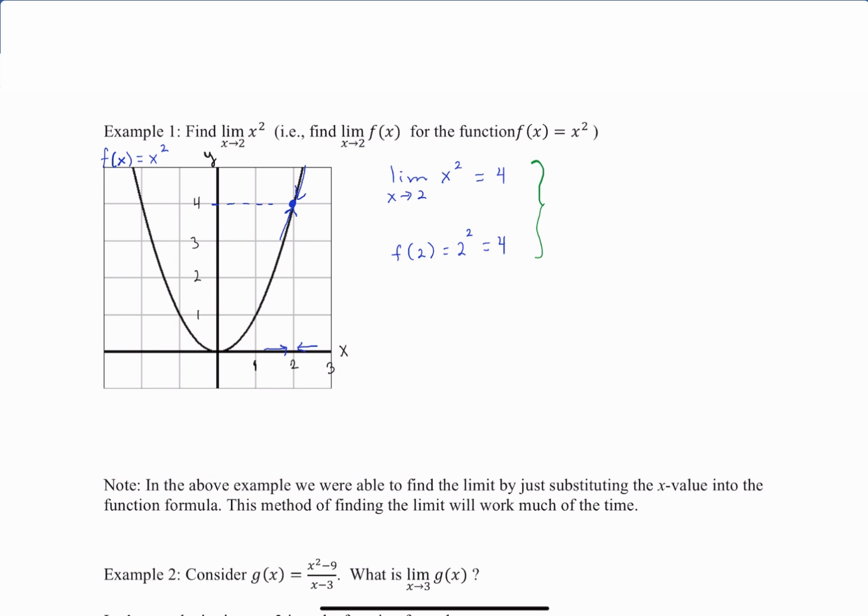Well, these are not the same. Even though we get the same numerical answer for both of them in this example, they're still not the same, should I call it thing? How about I call it, I guess, idea.